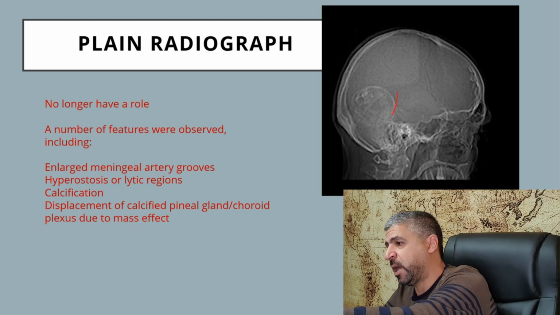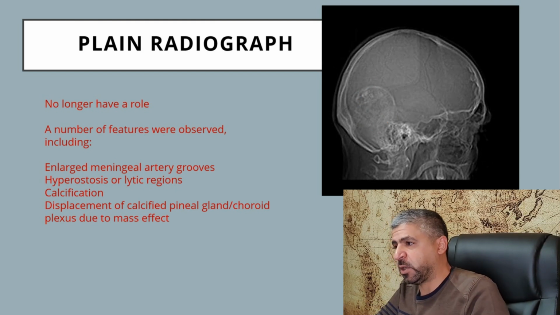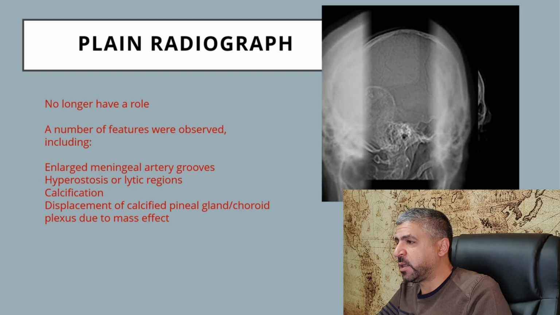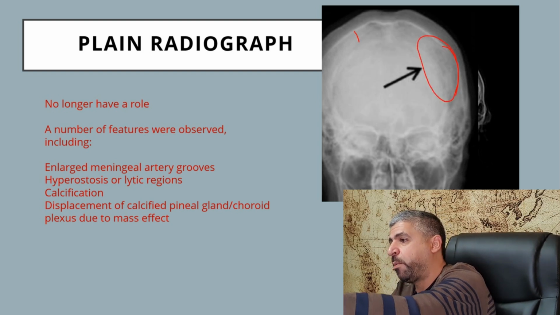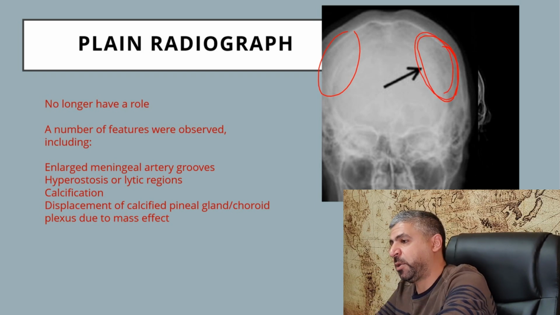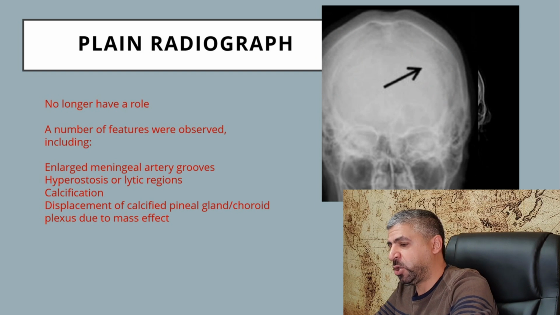For example, in this case, you can see the calcified lesion, showing some calcification, and here you should suspect the presence of a meningioma. Another example here, you can see there is some lucency if you compare to the other side. This is suspicious for the presence of a lesion, which in this case was a meningioma.